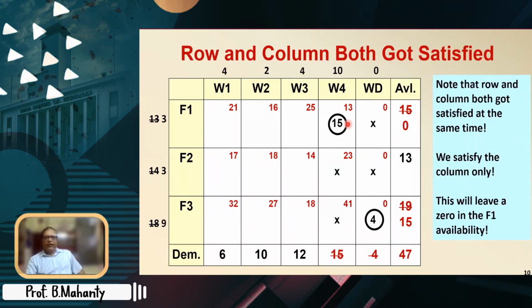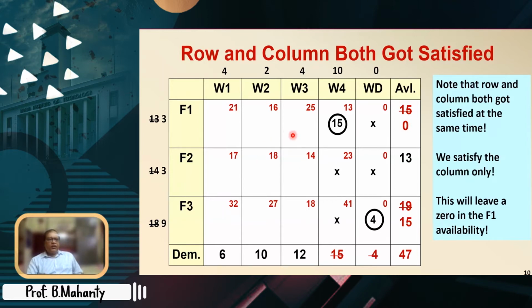So what we did, note that the row and column both got satisfied at the same time. We satisfy the column only. This will leave a 0 in the F1 availability. Is it all right? So what will happen? This side, this 15 is crossed, but this side, because we have not crossed out the row, the availability is 0.